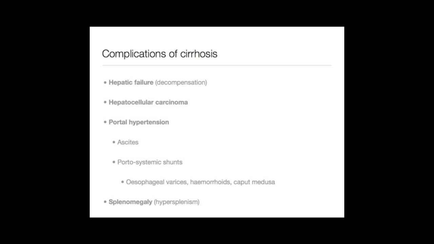And in these areas, if portal hypertension occurs, it can affect the veins in these areas, leading to esophageal varices, hemorrhoids, or caput medusae, which are the dilated veins around the umbilicus, which you can see in patients who've got chronic liver disease. In addition to this, the spleen can be affected owing to the portal hypertension. This can result in splenomegaly.